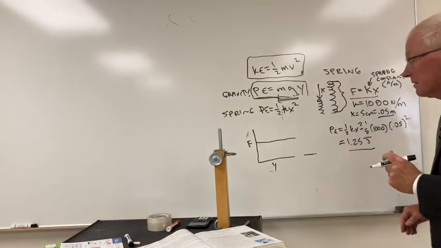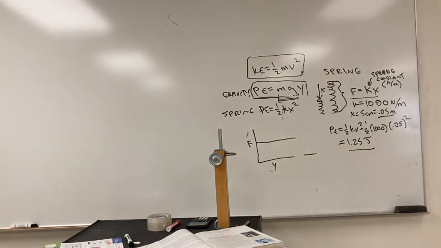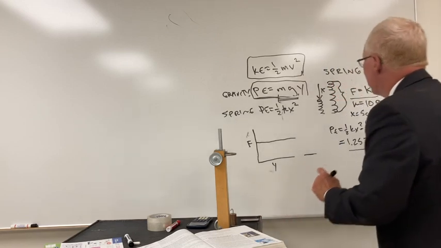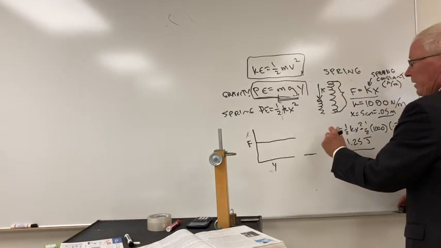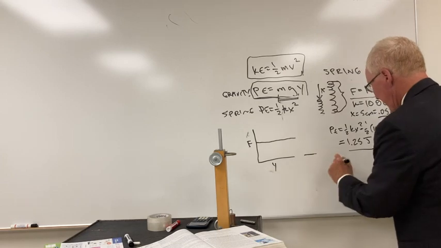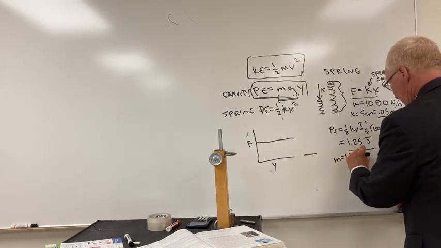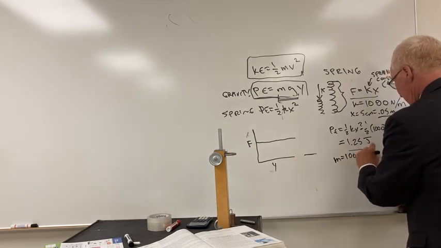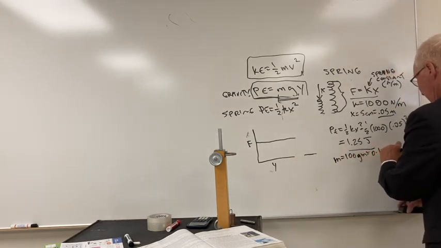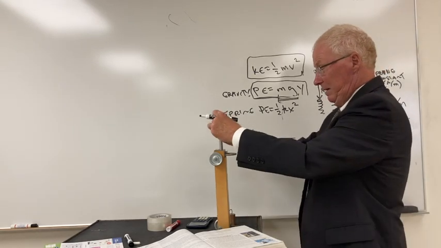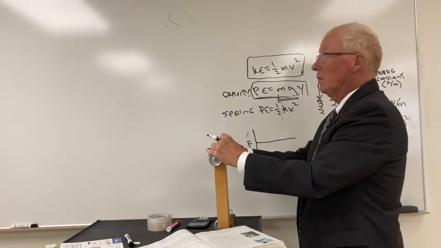Yeah, let's say this probably weighs a mass of 100 grams, which is 0.1 kilograms. So again, I'm doing this real example, and I can estimate. I want you to see how close.